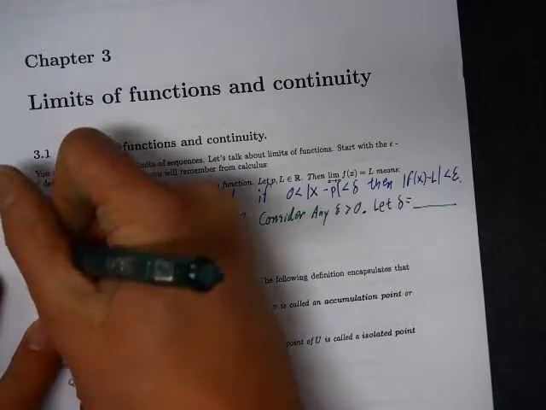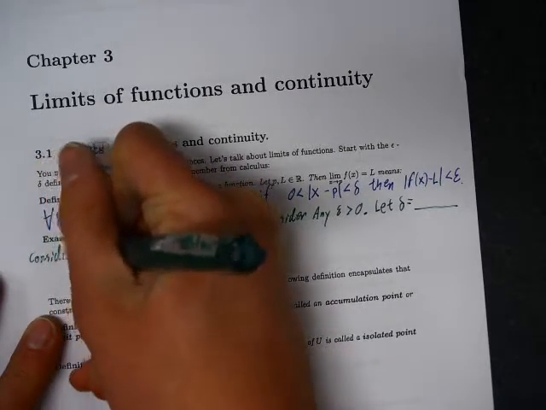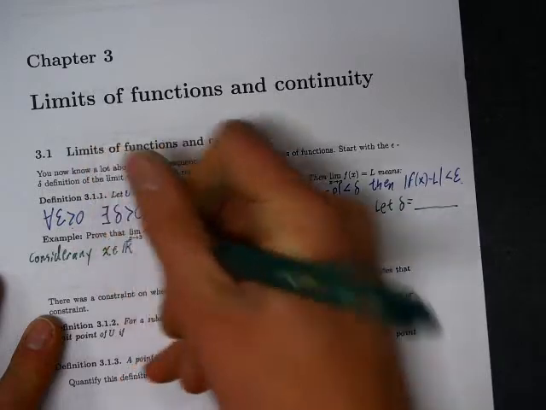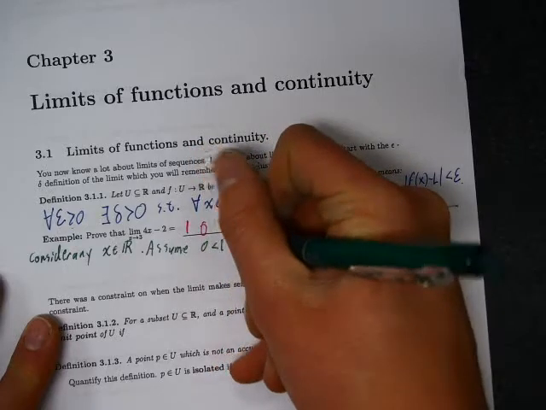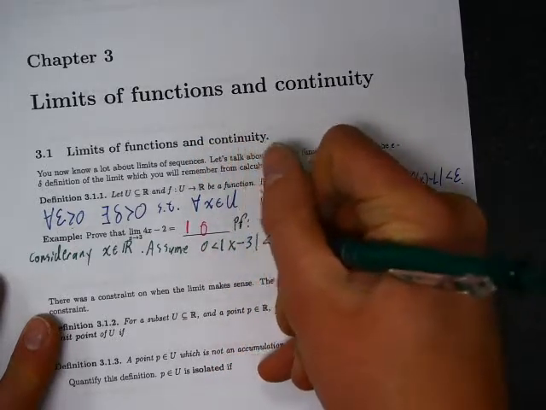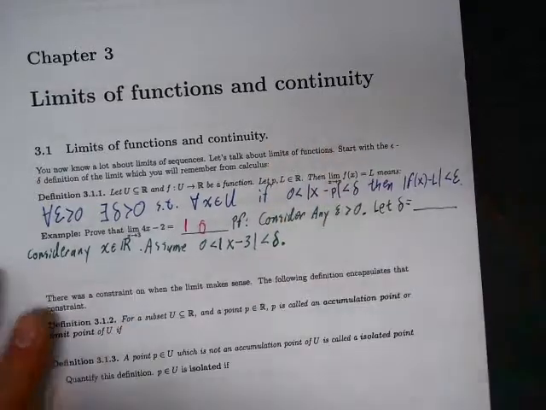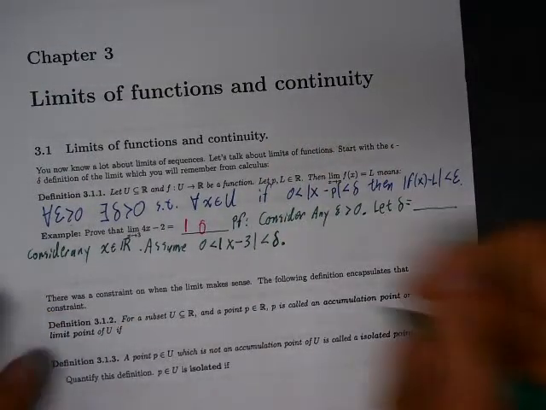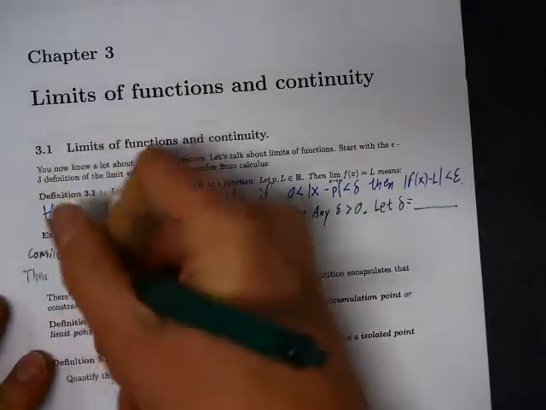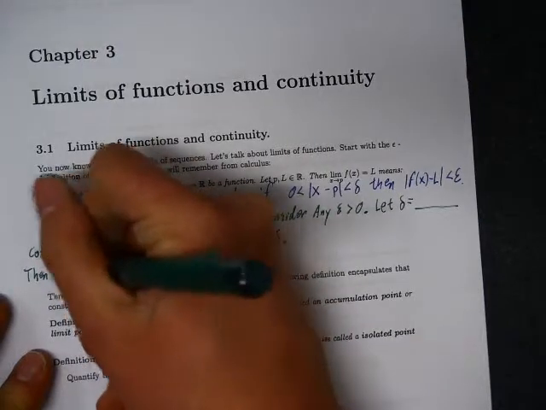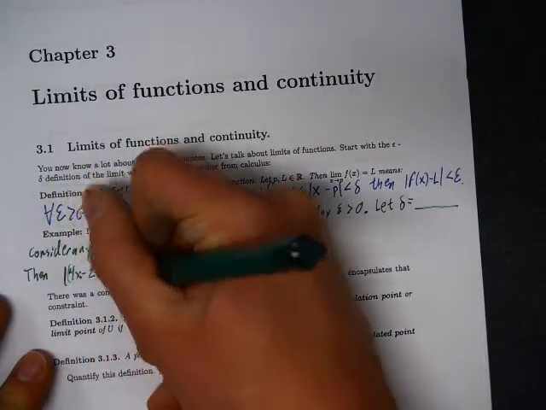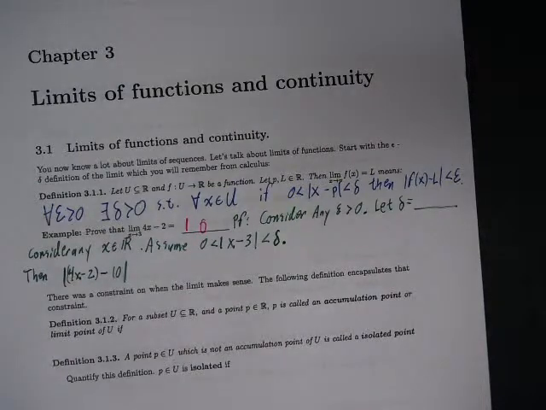Next, we'll consider any x in the real line and assume 0 is less than the absolute value of x minus 3 is less than this variable for delta that we picked. Then we need to show something about the absolute value of this function, 4x minus 2 minus 10. All right, we need to show that that's less than epsilon.